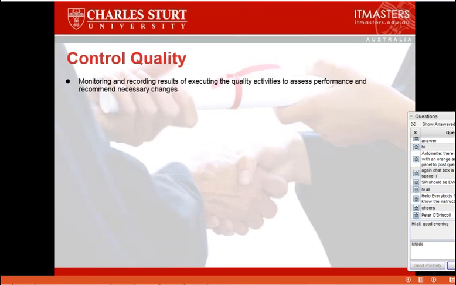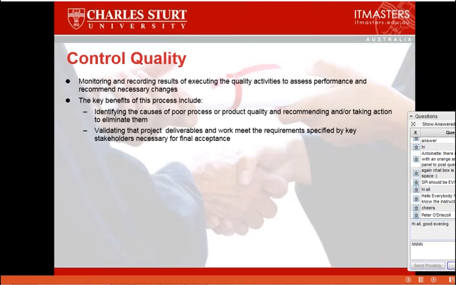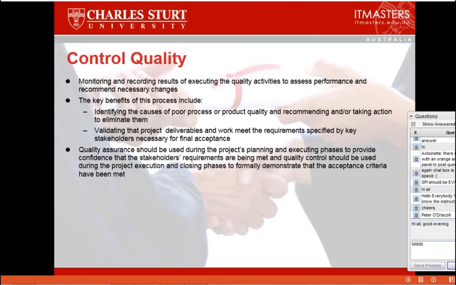Control quality involves monitoring and controlling the results. The key benefits of this are that you identify the causes of poor process or product quality, and you're in a situation to recommend or take corrective action. You validate the project deliverables. This is very important.